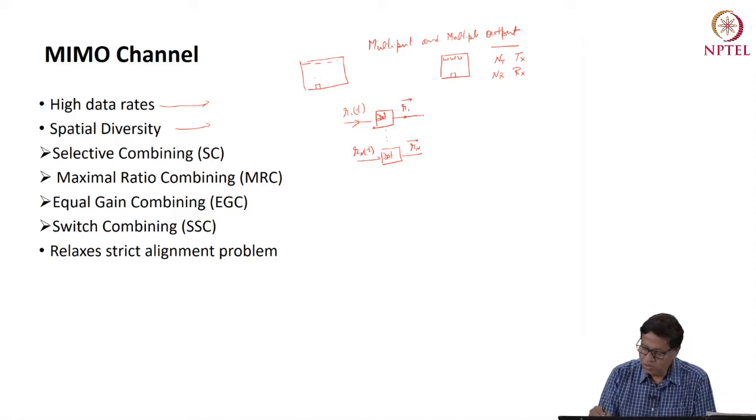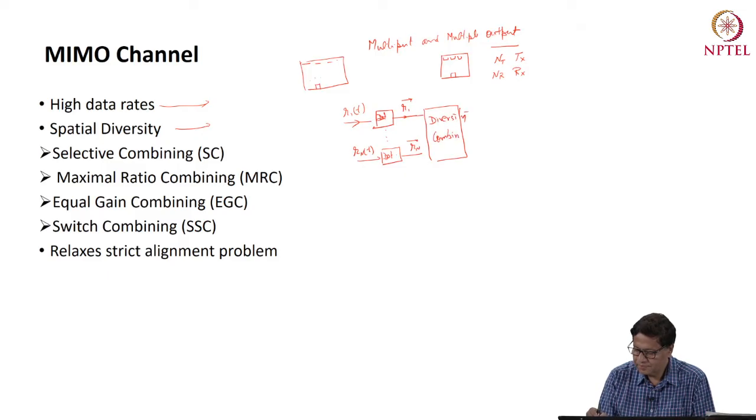And then this goes to some diversity combiner, and you find out the final received vector and then you can process it to get your data out.